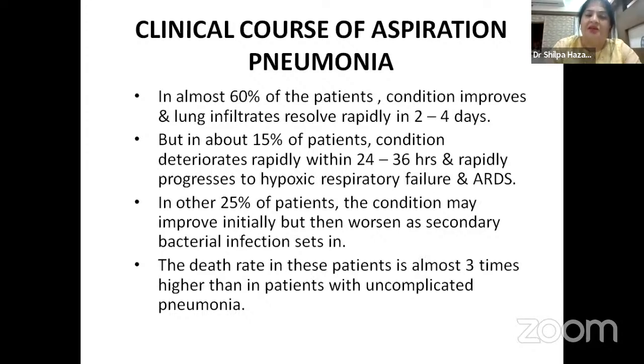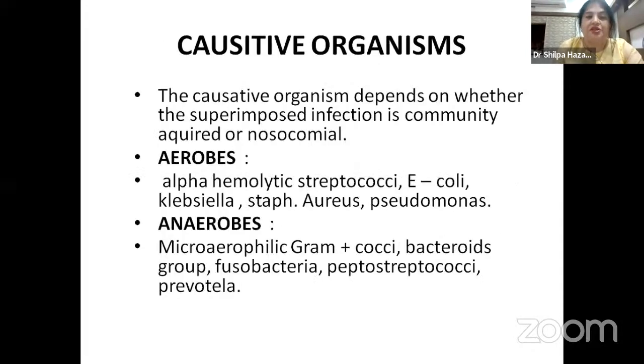In the other 25% of the patients, the condition may improve initially, but later it may worsen and secondary bacterial infection may set in. The death rate in these patients is almost 3 times higher than in patients with uncomplicated pneumonia. So aspiration pneumonia, one should not take it lightly.